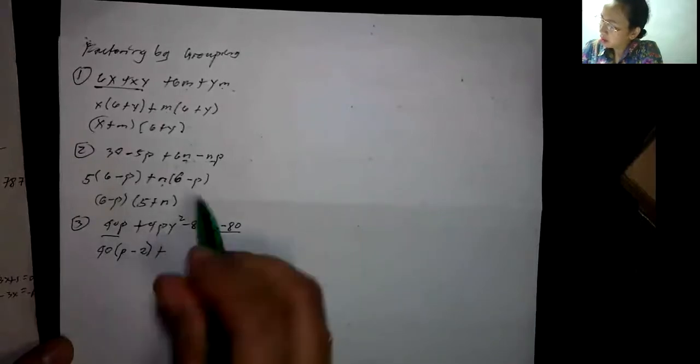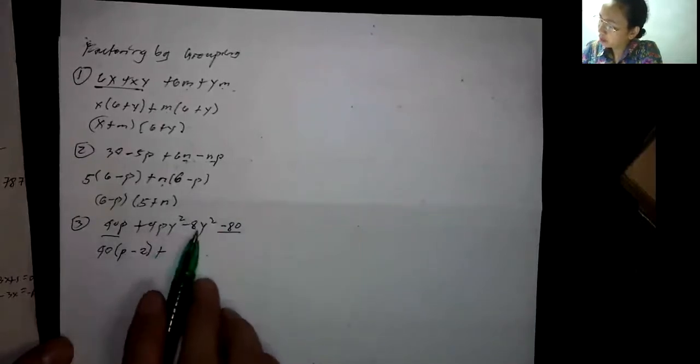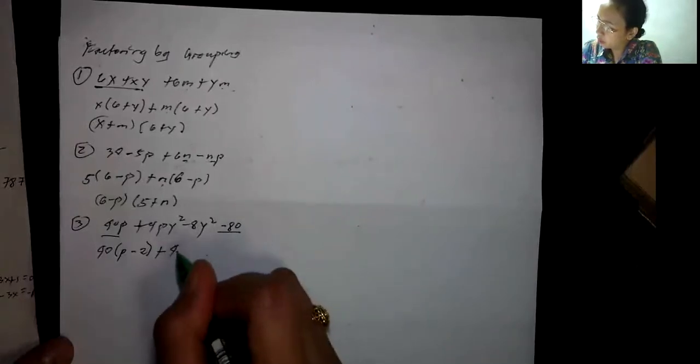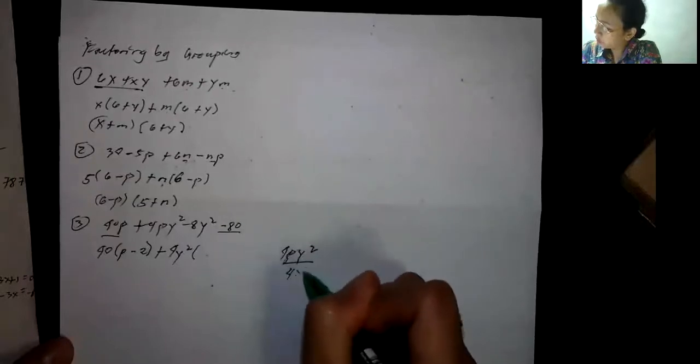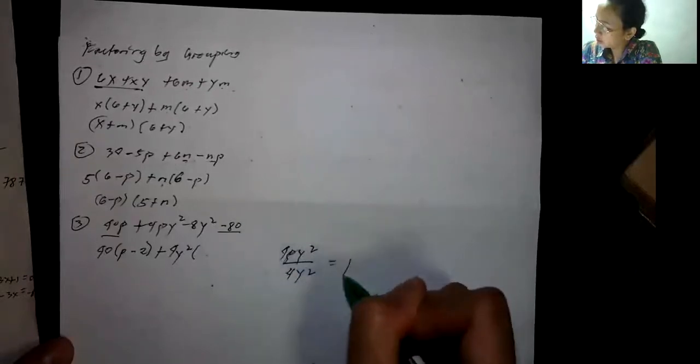Then 40p divided by 40, the answer is p. Negative 80 divided by 40, the answer is negative 2. Then 4py squared minus 8y squared, the common monomial factor is 4y squared. So 4py squared divided by 4y squared, the answer is p.